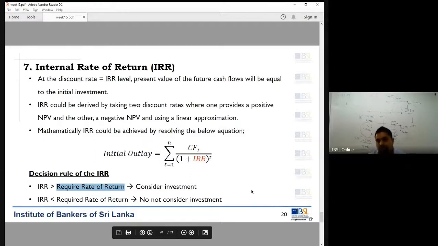Let's say my company or my investment needs 11%, and this project's IRR is going to give me a higher number. In that case, we can consider that investment. But provided you have a break-even IRR of a lesser number than my required rate, you cannot consider that investment. That's the decision rule of the IRR.